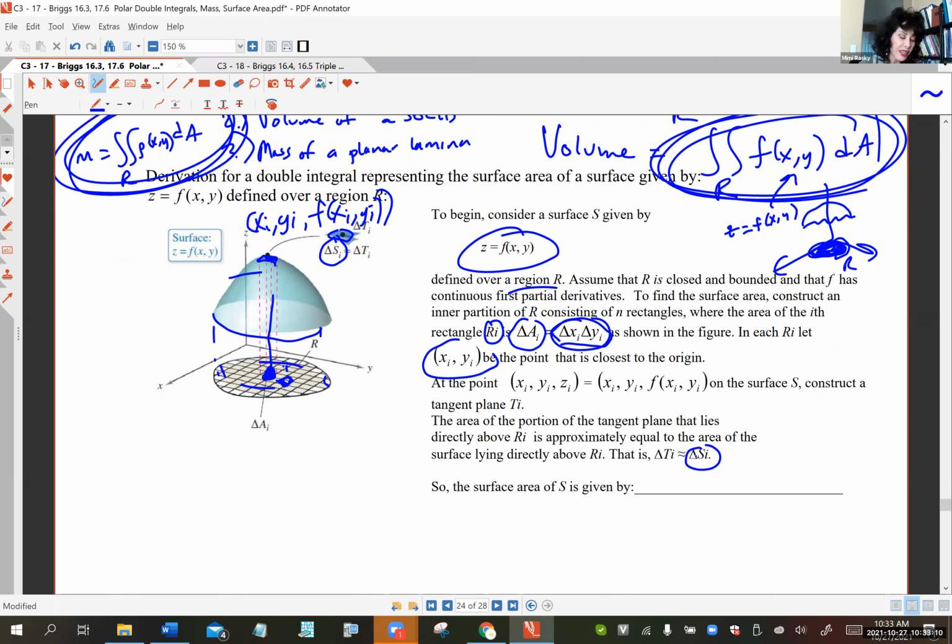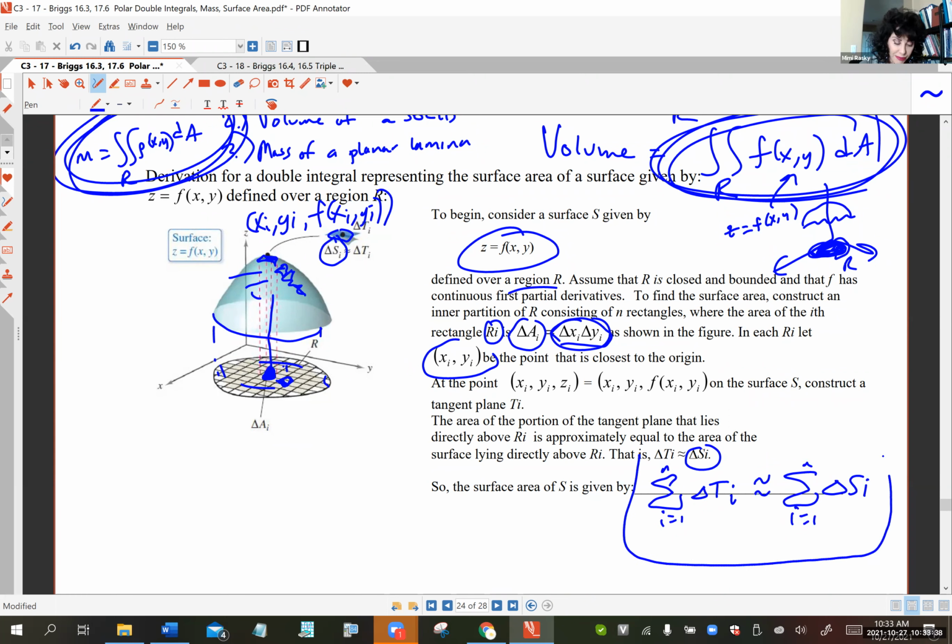Then, if you construct a whole bunch of tangent planes all covering up the surface and take the sum of all of those, that's a sigma, the sum from 1 to n, it's going to be approximately equal to the sum of all the little patches of surface area. So that's what you need to buy.